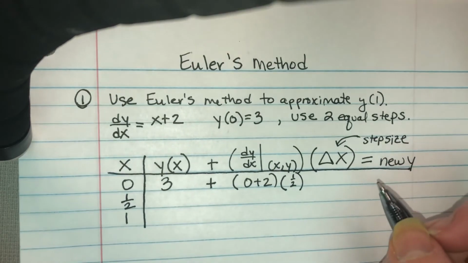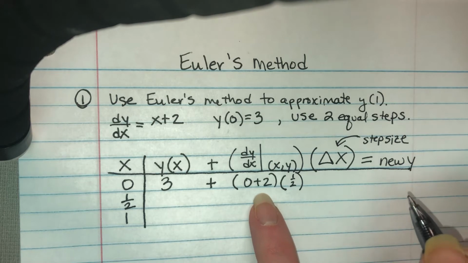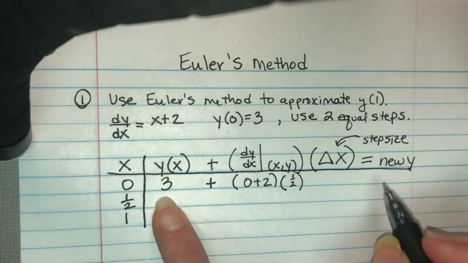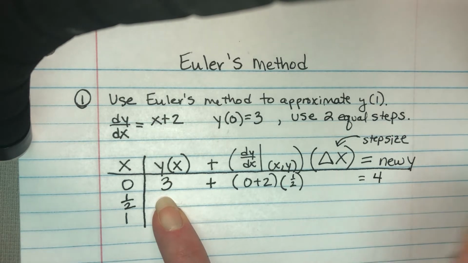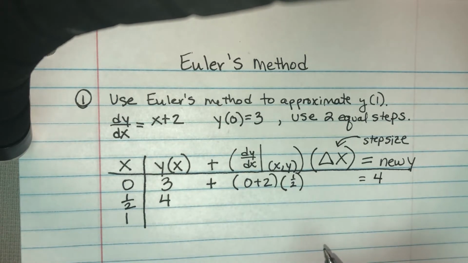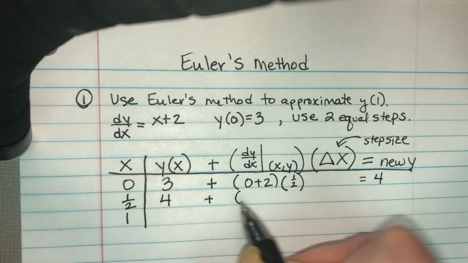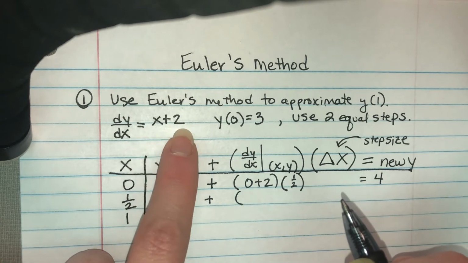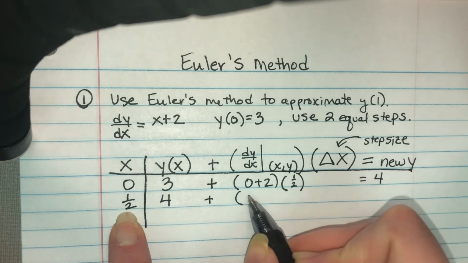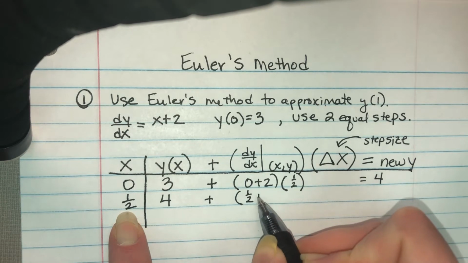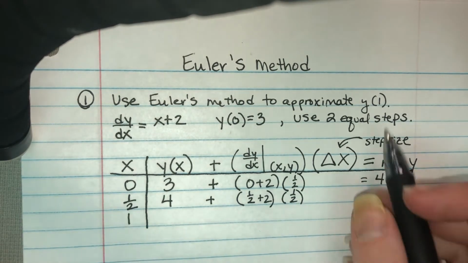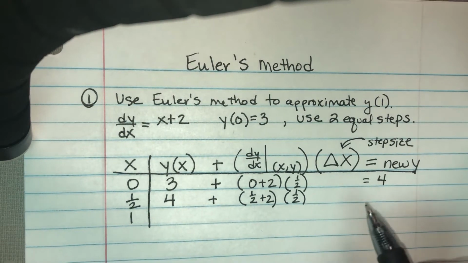All right, so now I'm going to do some arithmetic. 2 times a half is 1, plus the 3 I already have equals 4. Whatever number I get here wraps around to start the next row. So then I'm going to go plus my slope, x plus 2, with this x and this y. So this time I'm going to go 1/2 is my x plus 2, and this is still times 1/2. The step size, they're equal steps, so they don't change.